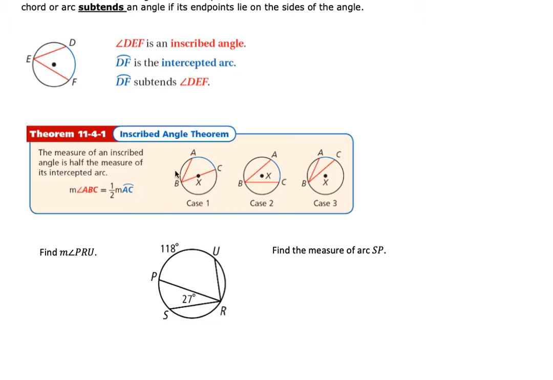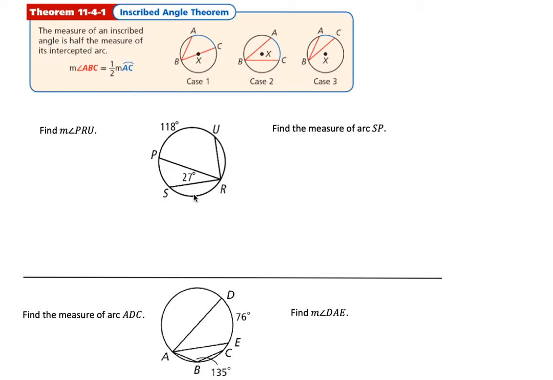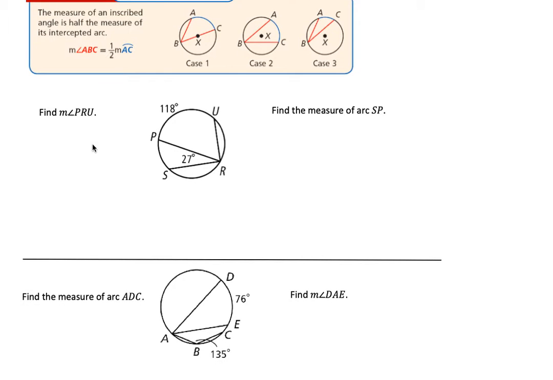The arc is twice as big as the angle. The angle is half as big as the arc. So let's do a couple of these because they're pretty simple to understand.